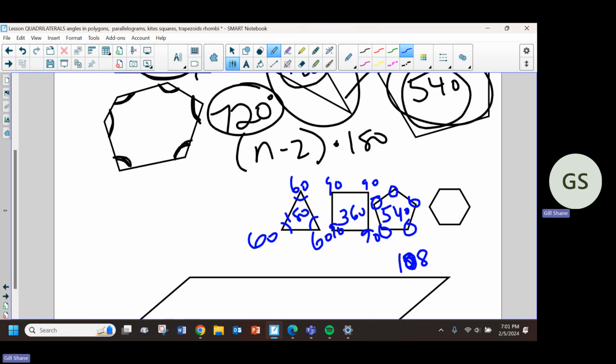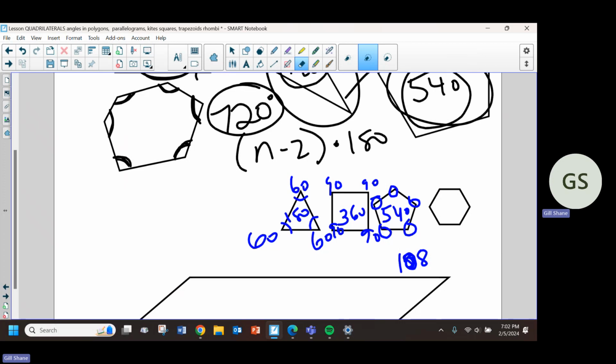So if we added one more side, that would be 720. And then we would divide that by 6, the entire number. So that would be 125, I believe. Is that right? Oh wait, I wrote the wrong number. That's why I'm getting the wrong answer. Hold that thought.